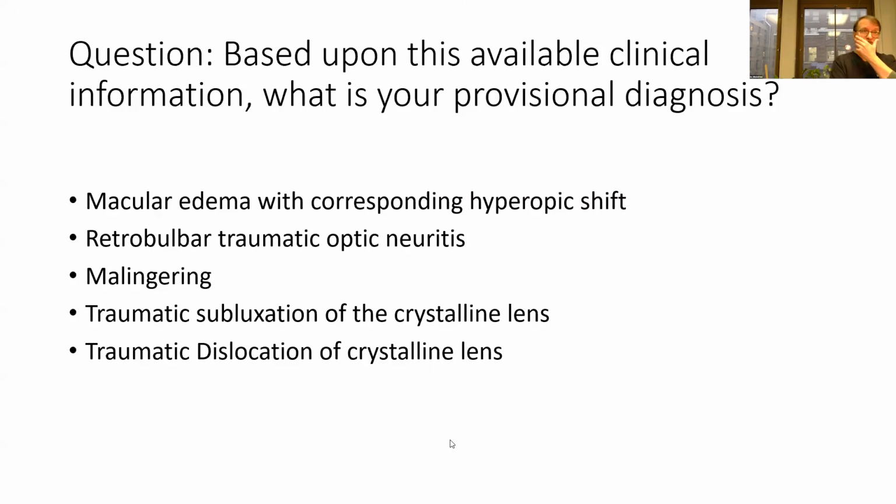So, throwing it to the group. Based upon the available evidence and clinical information, what is your provisional diagnosis for this case? So we have a really mixed bag here. The macular edema with a corresponding hyperopic shift is possible. She is a pre-diabetic.